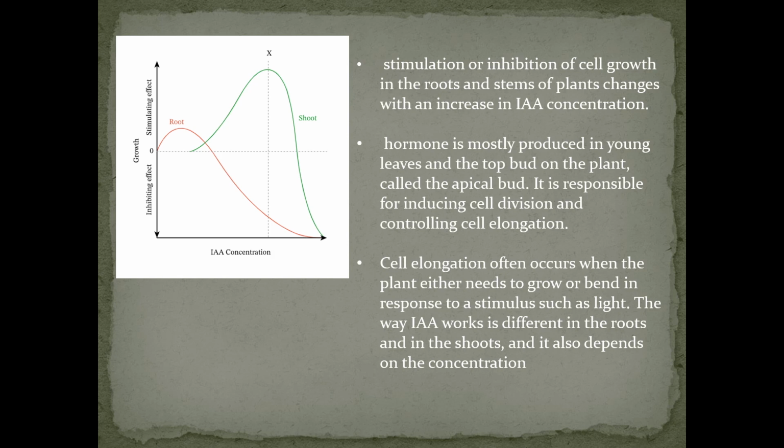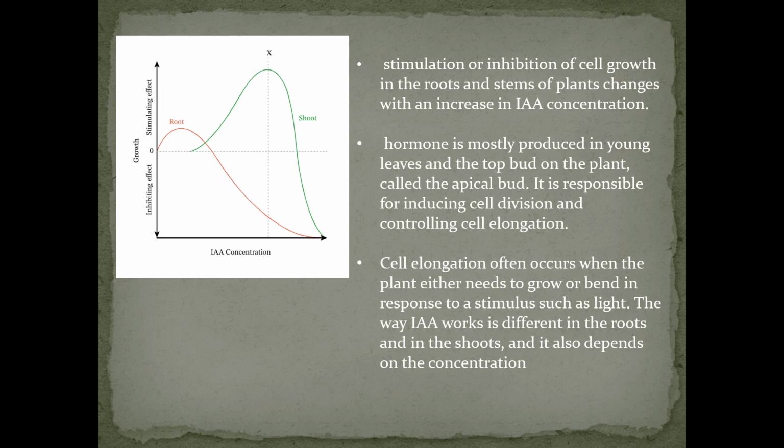The stimulation or inhibition of cell growth in the root and stem of the plant changes with an increase in IAA concentration, indole acetic acid. The graph measures the growth, showing inhibitory effects and stimulating effects. In the root, at high and low concentrations, the shoot response will be increasing, right?